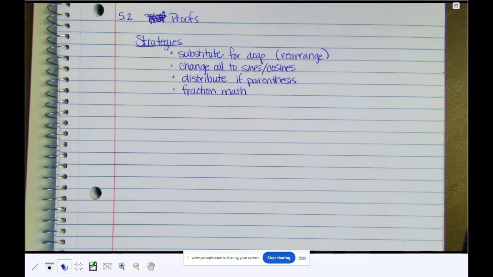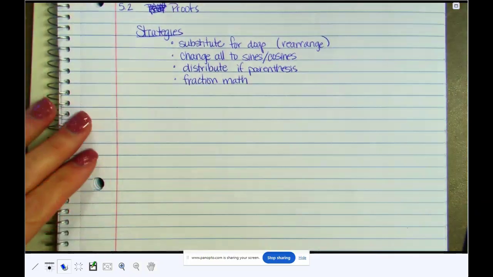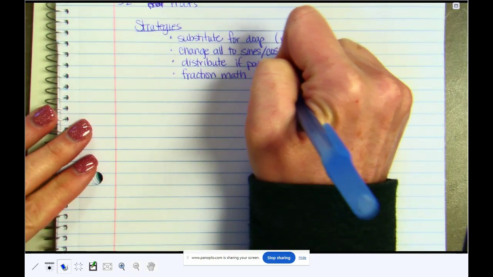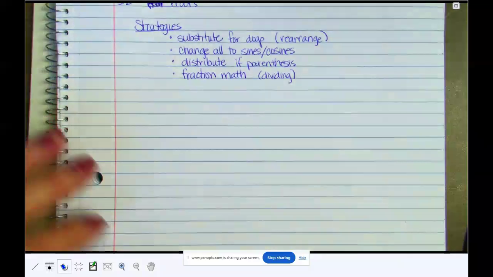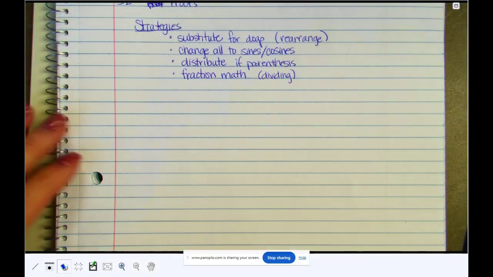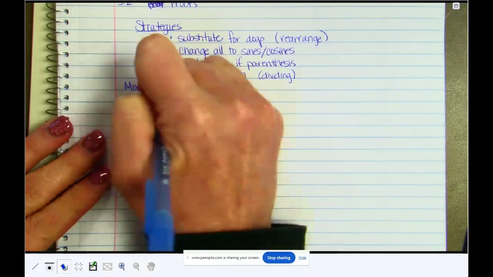So we're going to add a couple more pieces in. The first one I want to talk about actually falls under the heading of fraction math. All that we've done so far is dividing, really. But there are another couple of strategies that make fraction math really useful.